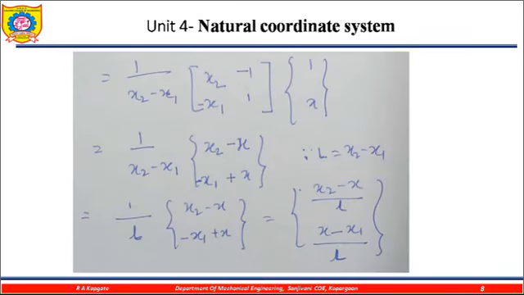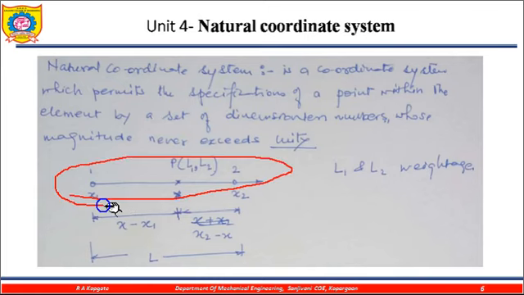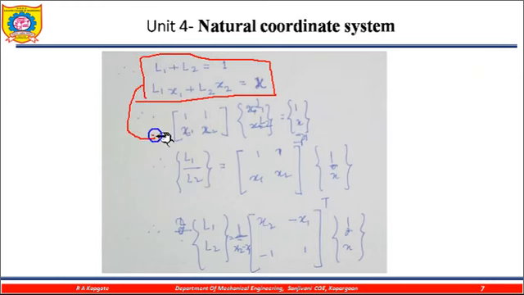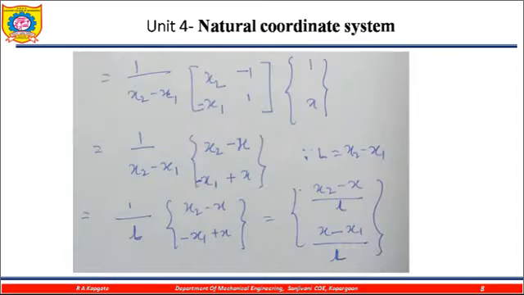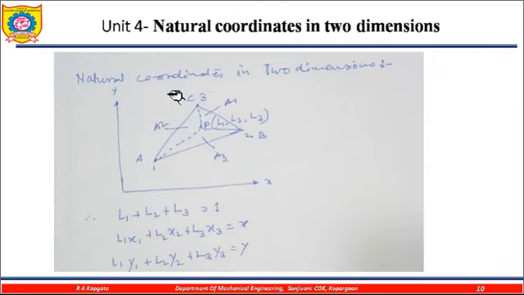What we have done here: we considered a one-dimensional element with two nodes, wrote it in a linear form, transformed this linear form into a matrix form, solved this matrix form, and finally we get the solution. By using this method, here also we are defining the area coordinates.